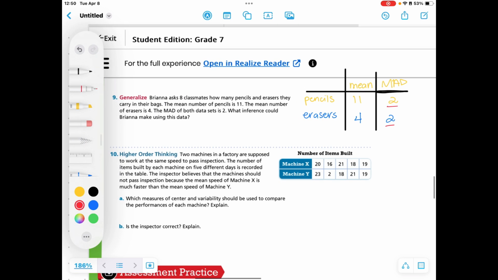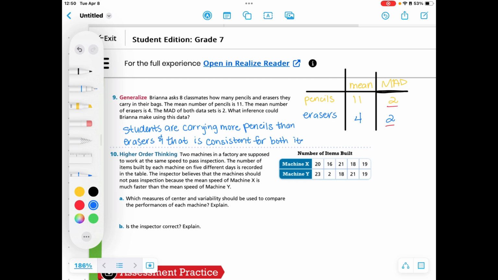What we can say, though, is that students are carrying more pencils than erasers, and that is consistent for both items.